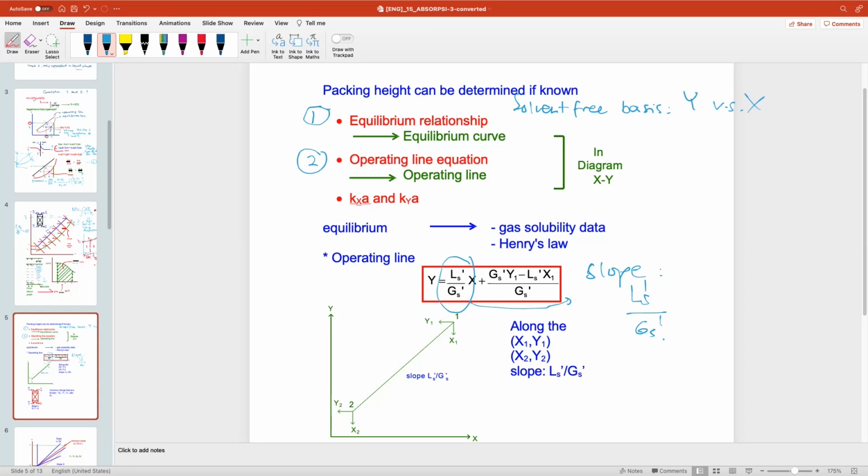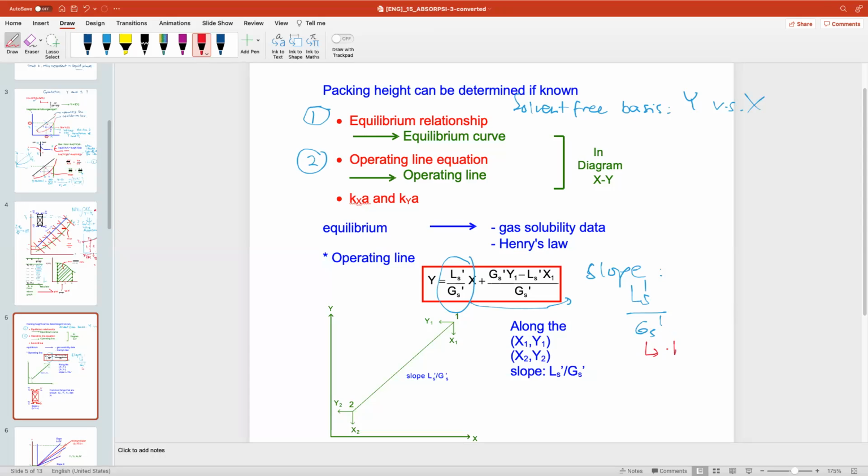Is it given? Yes, that's good. It is defined. But if you have another question, for example, if we want to multiply Gs by 2 times, what about the absorber column, then of course Gs is changing.